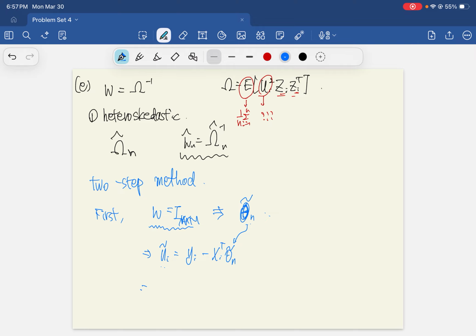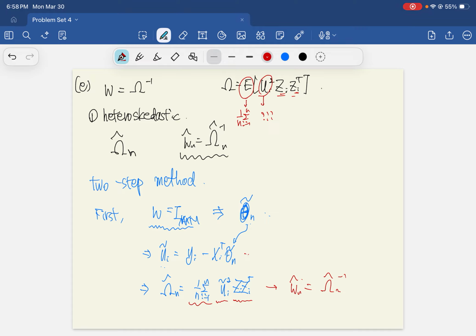Then using this residual, I am going to calculate the sample variance of u tilde squared and z_i z_i transpose. Now you can calculate everything: z z prime, and the residual from here, and then you just take their average. And from here, W hat will be its inverse.